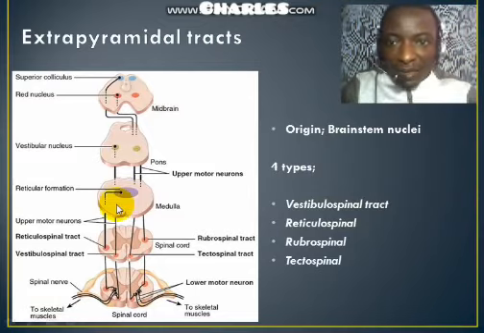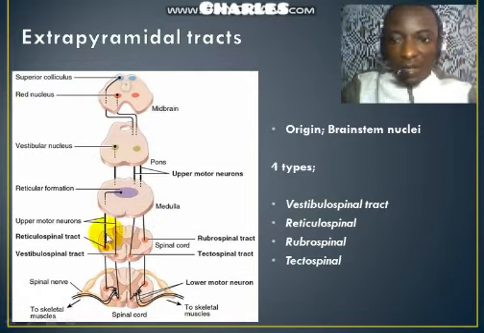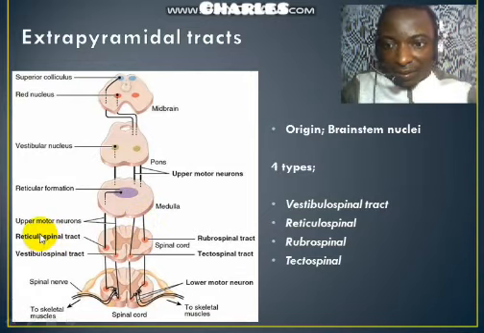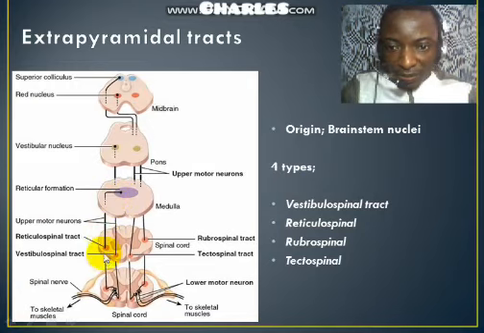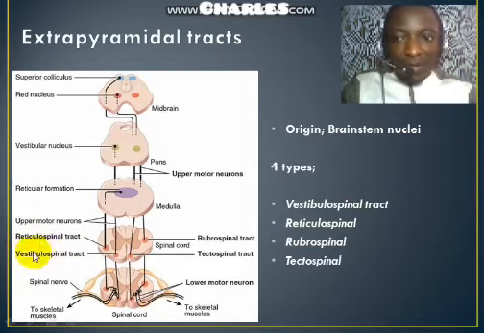Now, this diagram shows the pathway for the 4 major types of the extrapyramidal tract. This is the rubrospinal tract. From here down to this part is the reticulospinal tract. This one is the vestibulospinal tract.